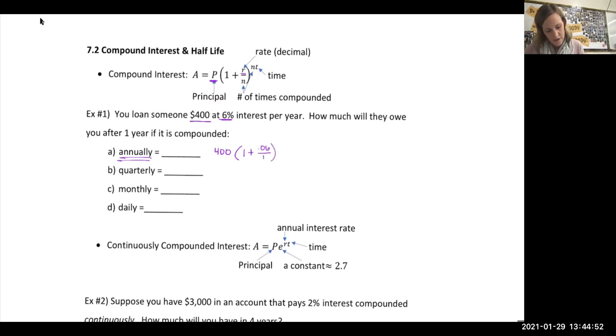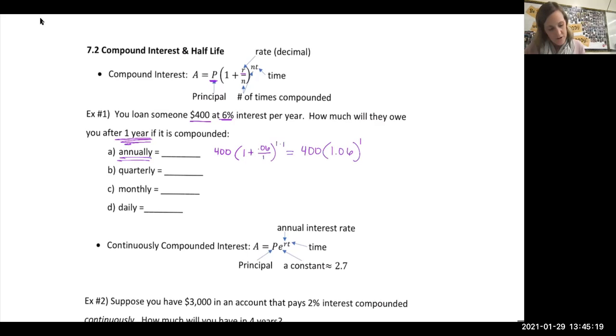And then your N up here is 1 times the amount of time. So for compounded annually, for 1 year, after 1 year, it's 1 times 1. So if we simplify this, really what you're doing is 400 times 1.06 to the first power, if you want to think of it that way.